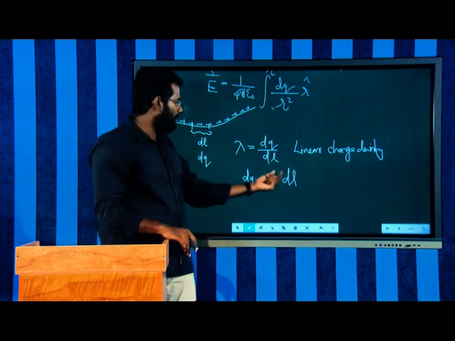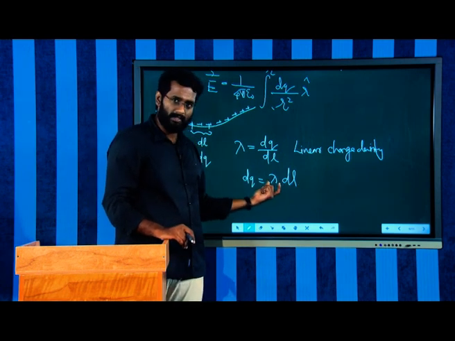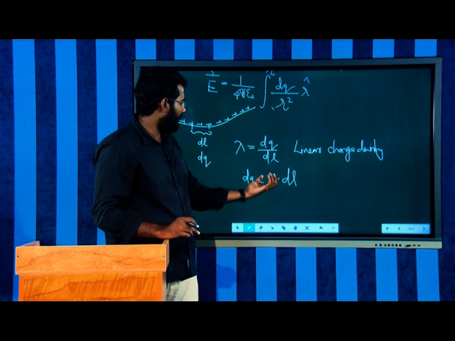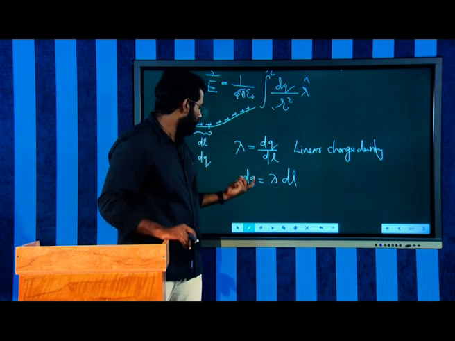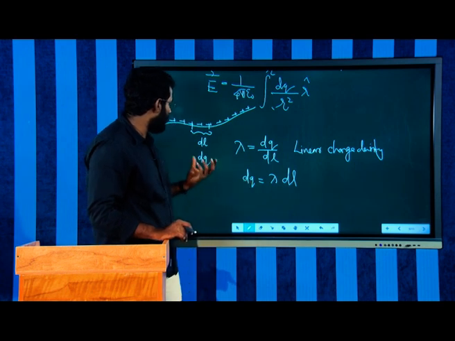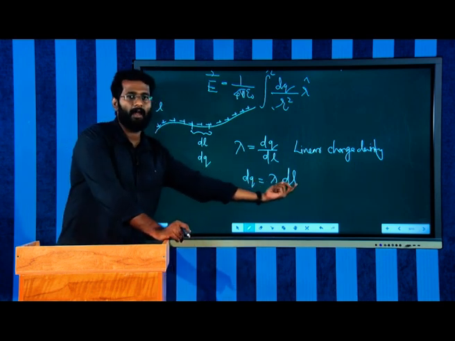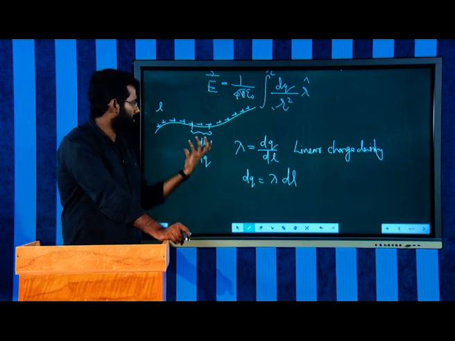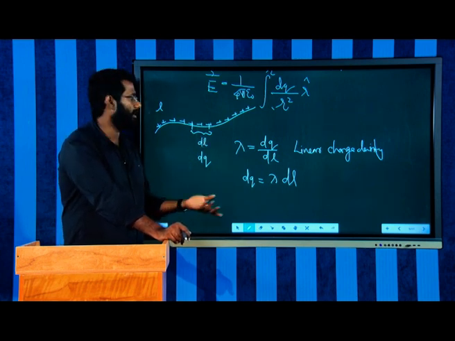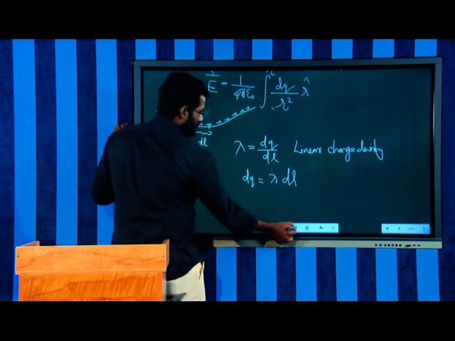Now, the integration becomes over the length. Lambda may be constant or a variable. If lambda is a variable, then that also has to be integrated. The integration might become simpler in that case. Similarly, we have to define it for an area and also for a volume. Let us see that.